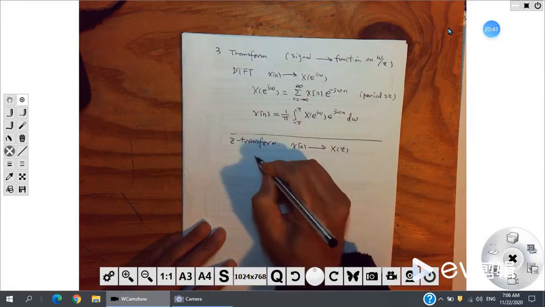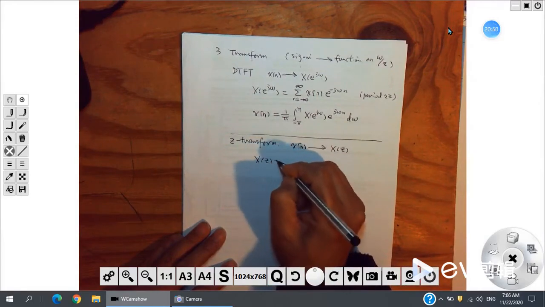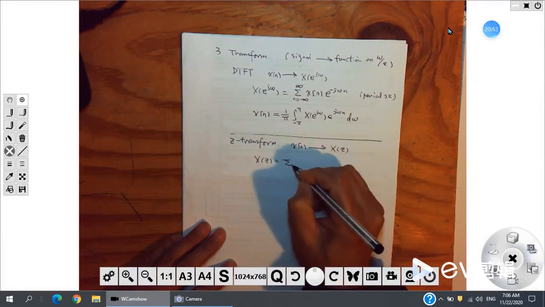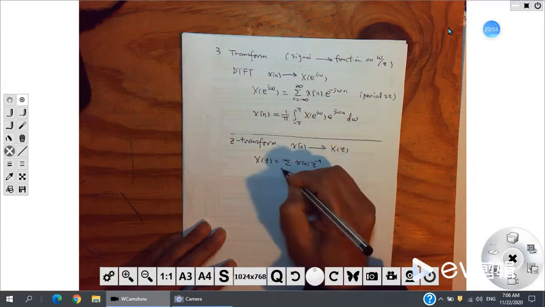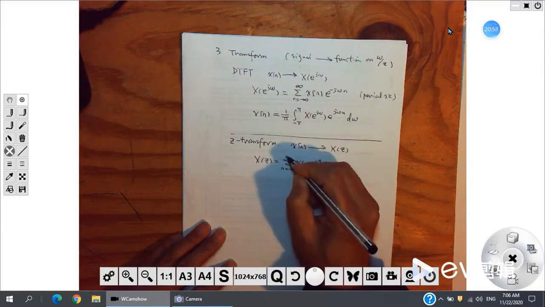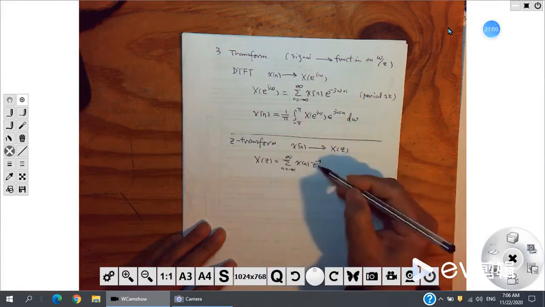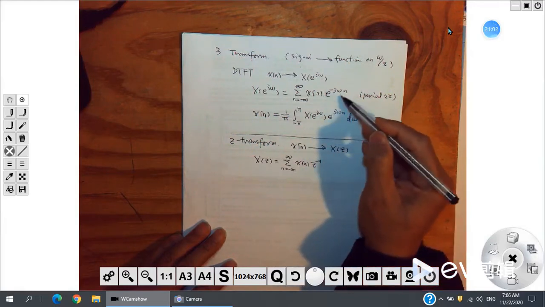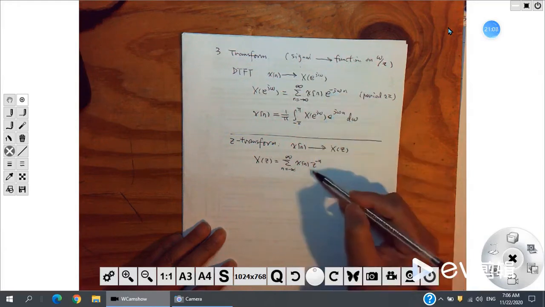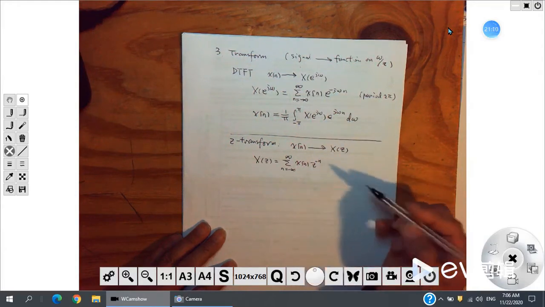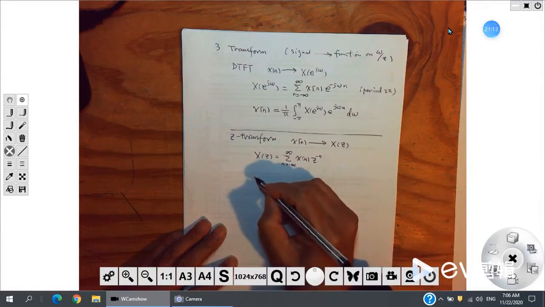Here capital X of z equals the summation of x of n times z to the negative n, running from negative to positive infinity. You can think of this as just a replacement of e to the j omega by z.